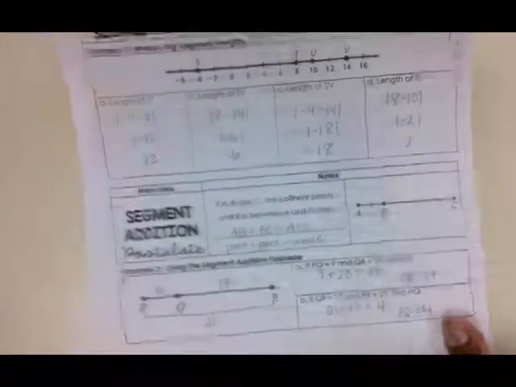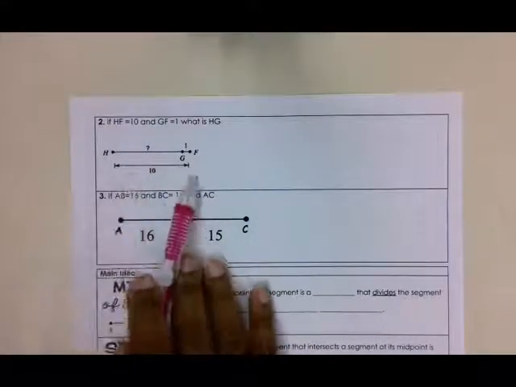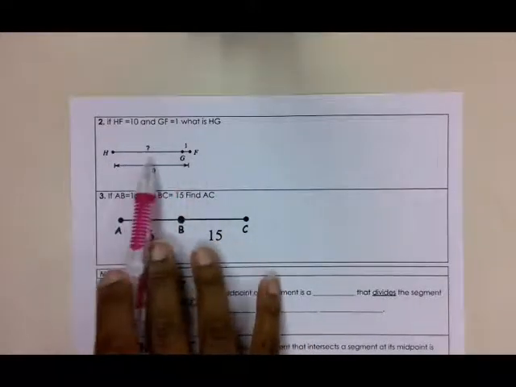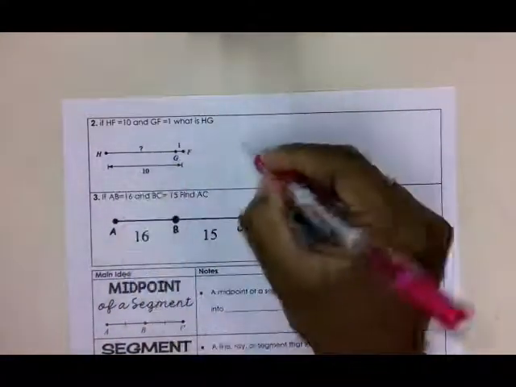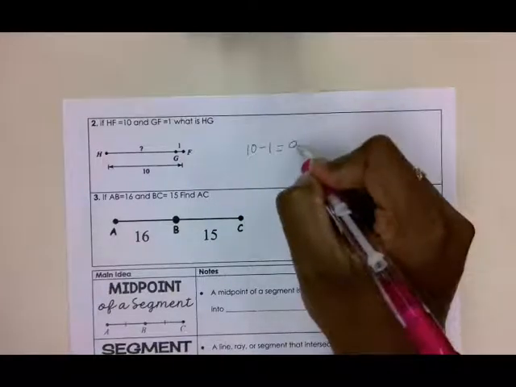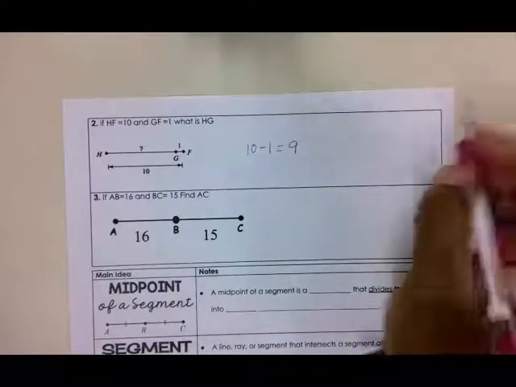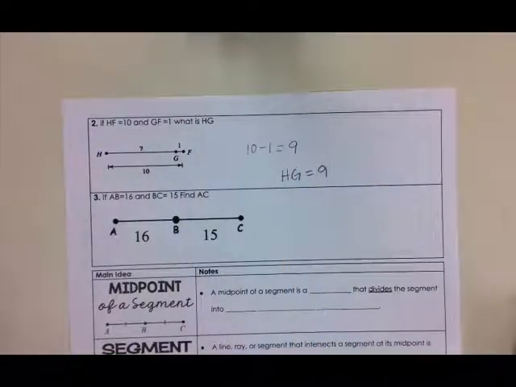Okay? Alright. Next. Same idea here. If HF is 10 and GF is 1, what is HG? So they gave me the whole and the little part. So anytime I'm given the whole, I'm going to subtract from whatever part they gave me. So 10 minus 1 is 9, so HG is 9.